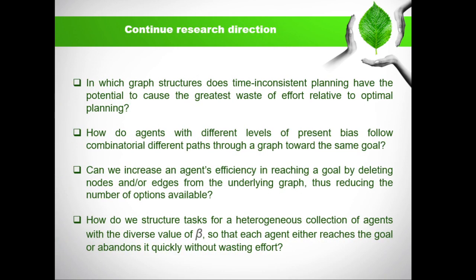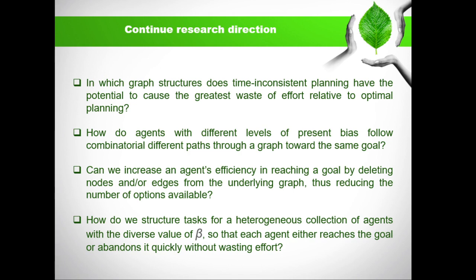I have some insights, and it is interesting to continue this research, especially in answering the following questions. In which graph structure does time inconsistent planning have the potential to cause the greatest waste of effort relative to optimal planning?